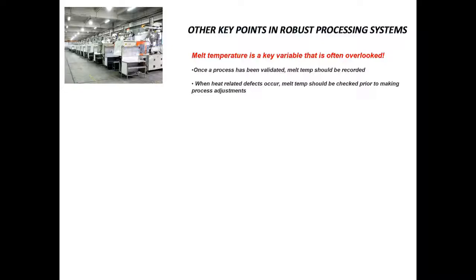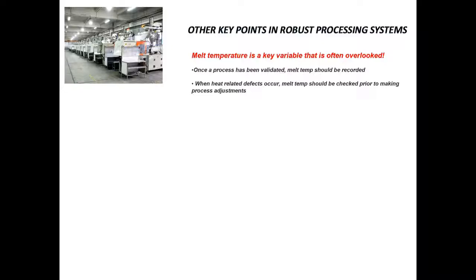The next time that process runs, I would run it at the set points that I had originally. If I'm able to repeat that process, then I know that the process has been validated, and that's when I'm going to record all of my historical data, including melt temperature.